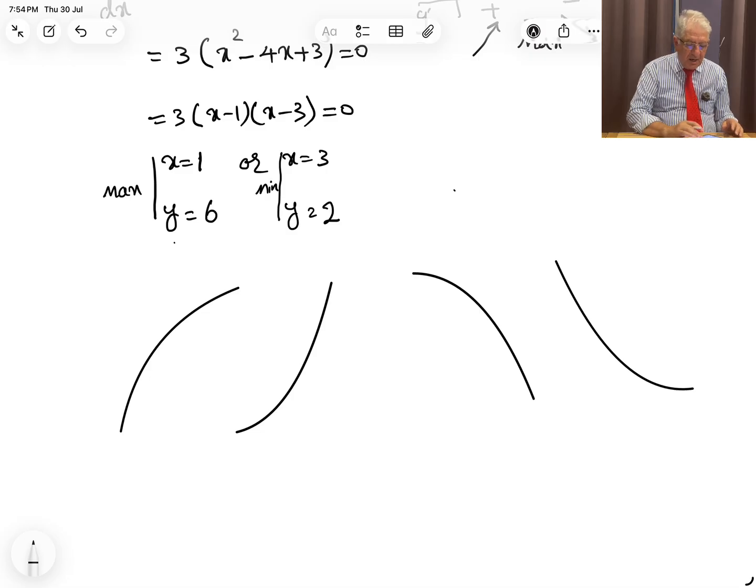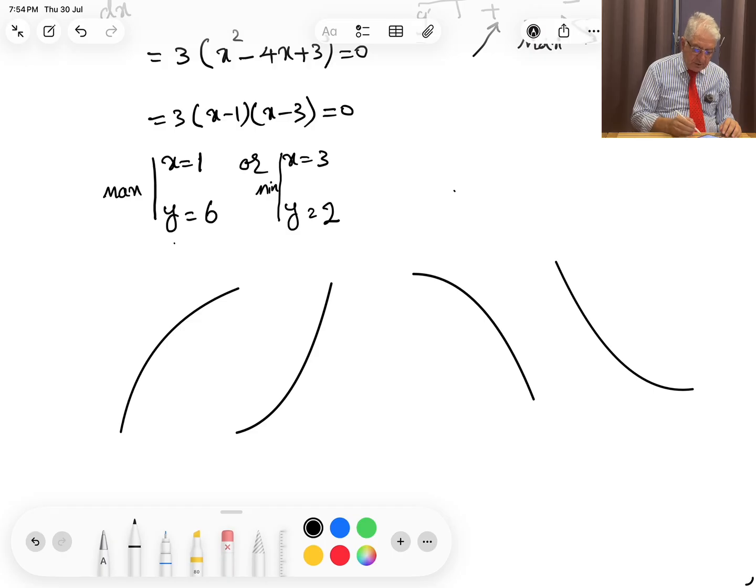You can see that I have 4 different situations. Why do I have 4 different situations?